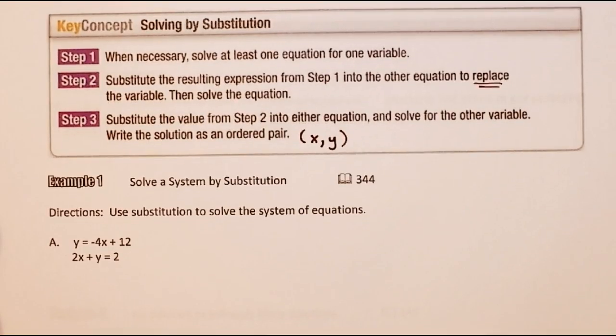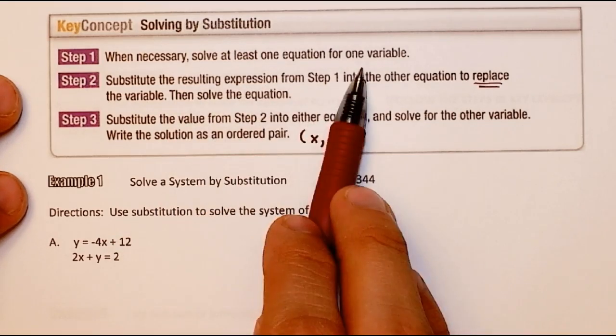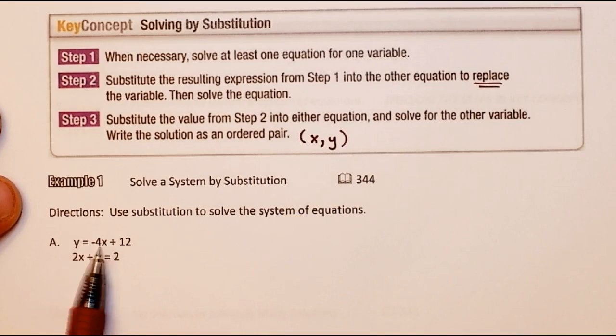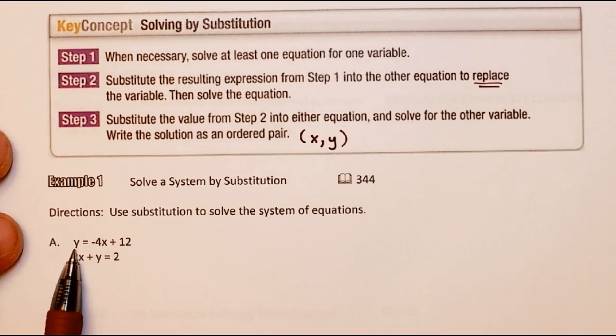So taking a look at example number one, here it says to use substitution to solve the system of equations. If I look back at step one, we want to solve at least one of the equations for one of the variables. Our first equation, y equals negative 4x plus 12, is already solved for y. So I really don't need to do step one here because y is already by itself.